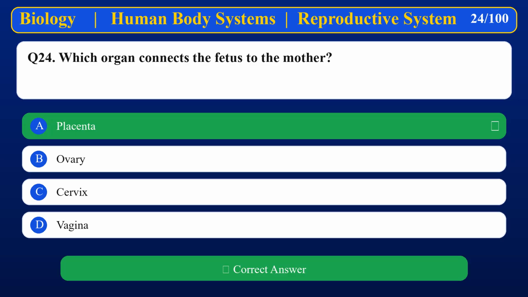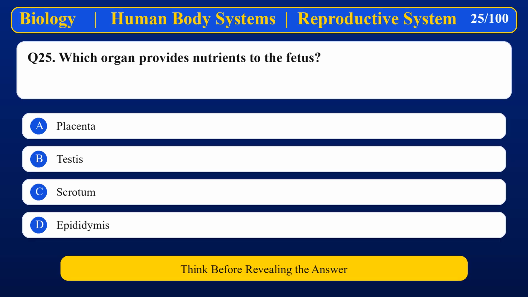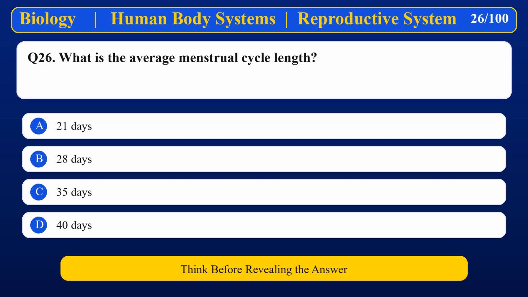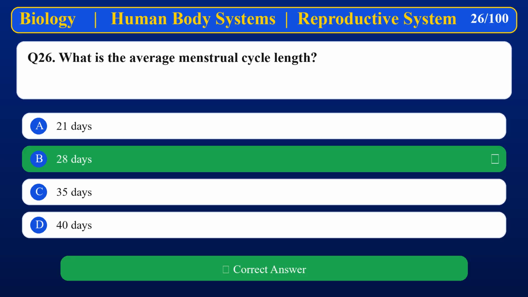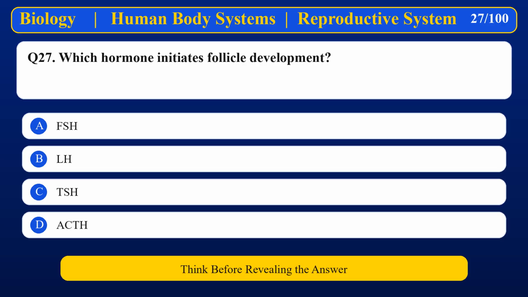Which organ connects the fetus to the mother? Placenta. Which organ provides nutrients to the fetus? Placenta. What is the average menstrual cycle length? 28 days. Which hormone initiates follicle development?